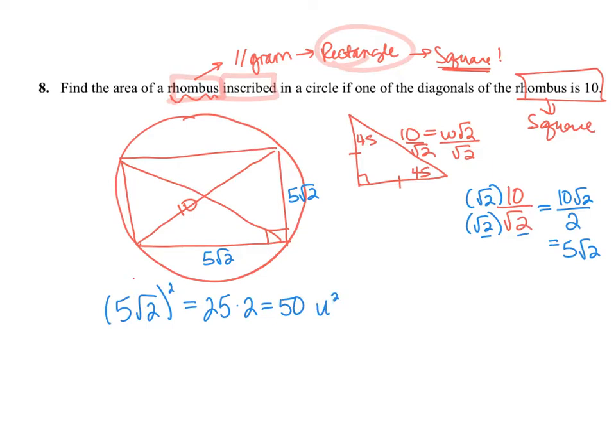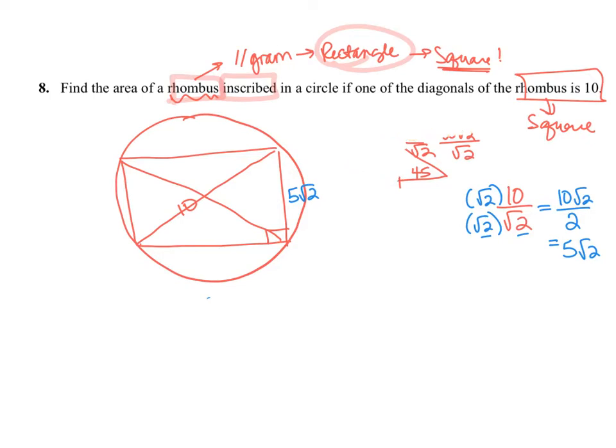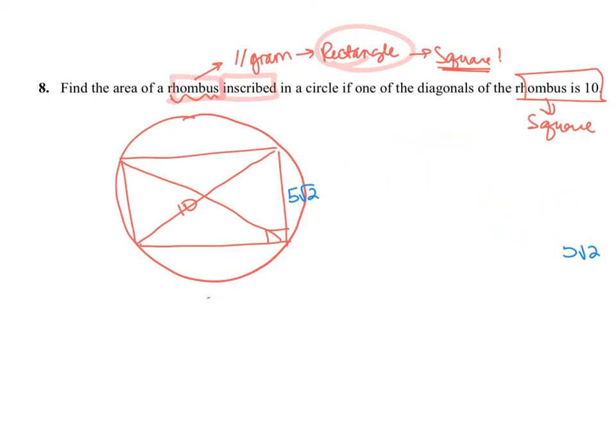So that's using the idea that the area of a square is a side squared. Let me show you, some of you guys might like this other way, so I'm going to erase this really quickly. Show you one other way that we can do this. It's without using 45-45-90. It's using the idea that we have a rhombus here. So let's see what we get.